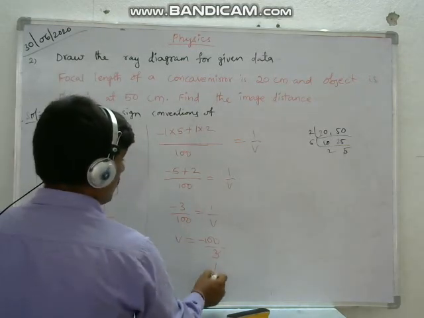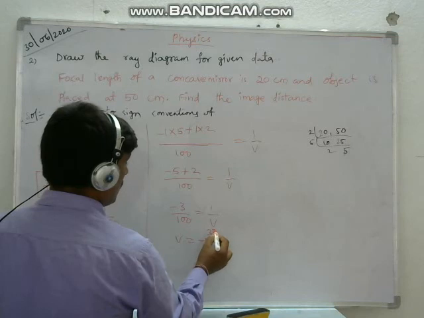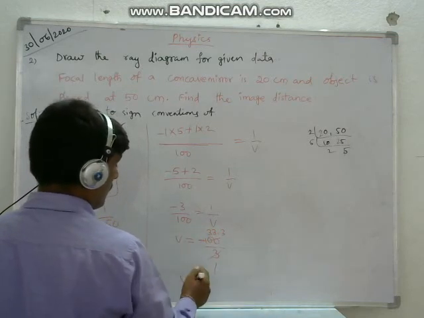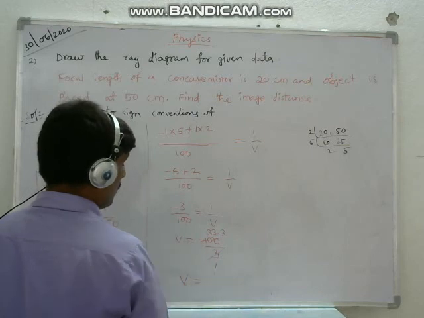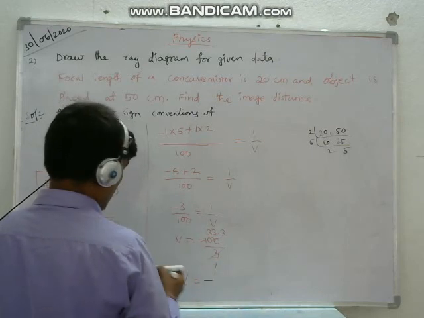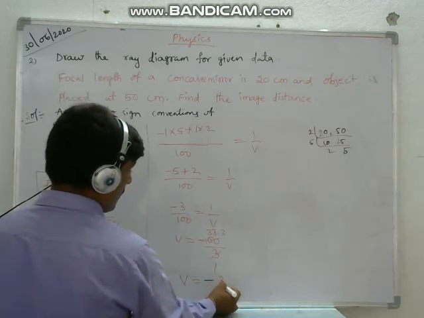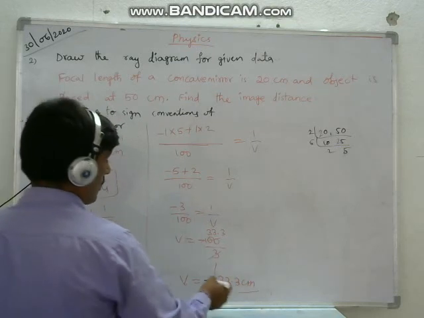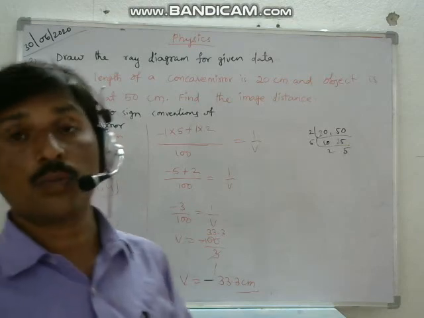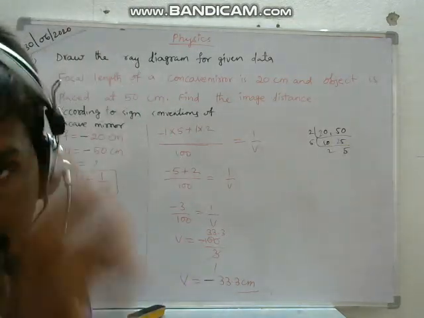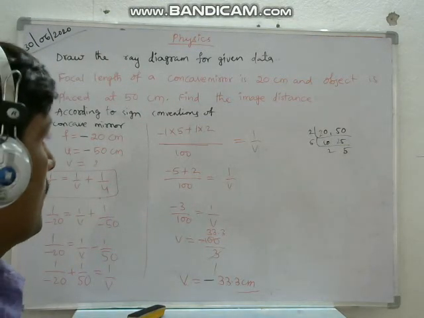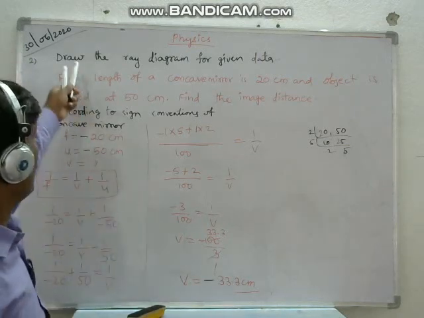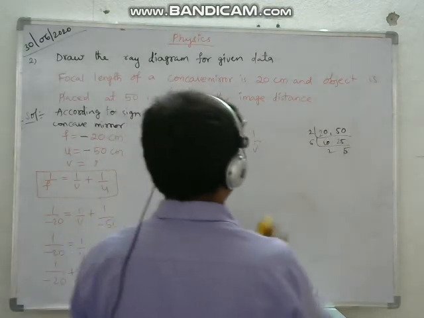So the image distance is equal to minus 33.3 centimeters. Okay, the image distance is what? Minus 33.3 centimeters.